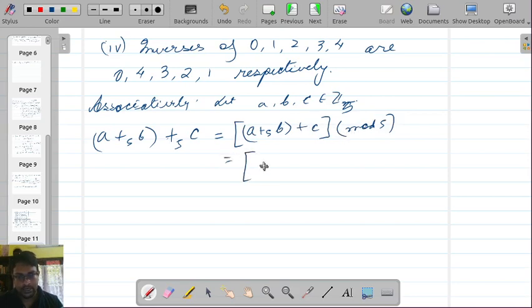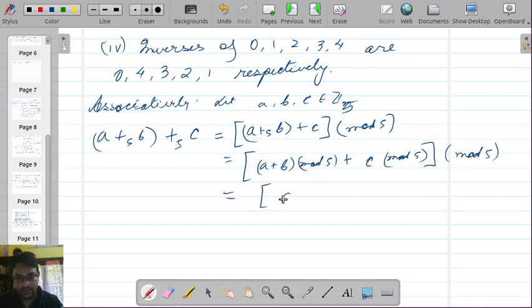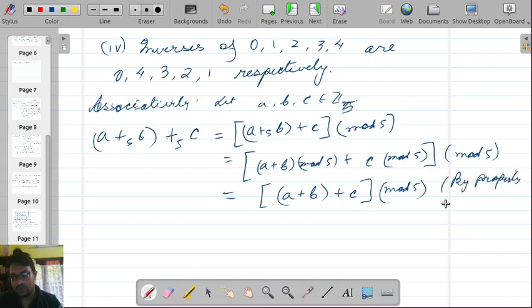This will be again A plus B mod 5 plus, instead of C I can write C mod 5, then again whole mod 5, right? And then I can just write it as A plus B plus C, whole thing mod 5, by property of modular arithmetic.